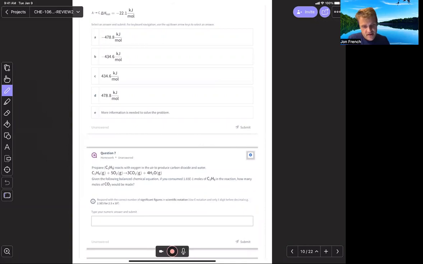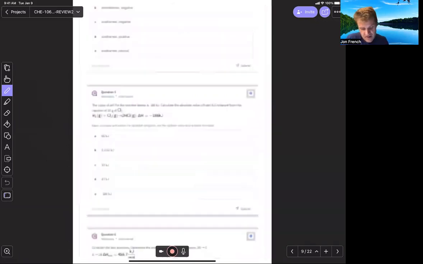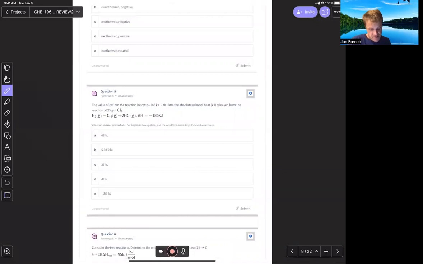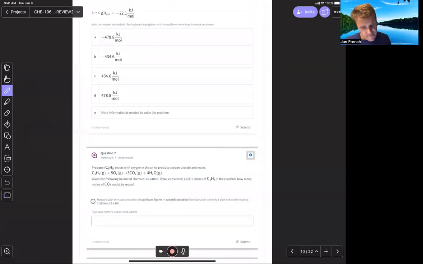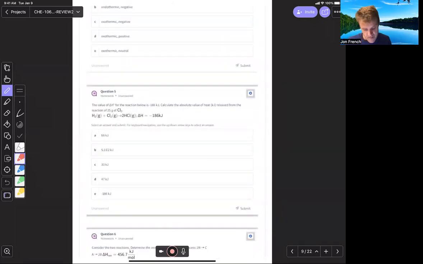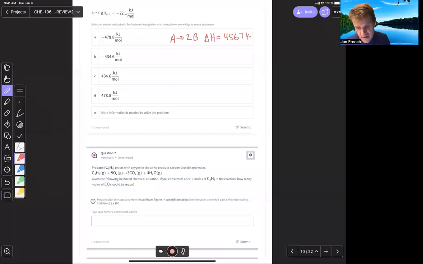So question 6, unfortunately, the way this splits it is on 2 different pages, but they gave us A to 2B, the delta H equals 456.7 kilojoules, right?